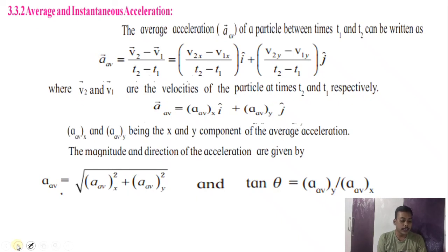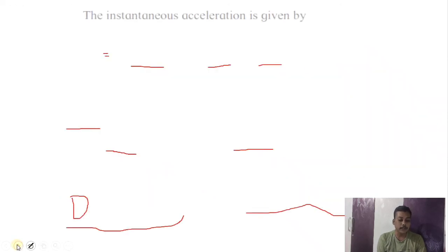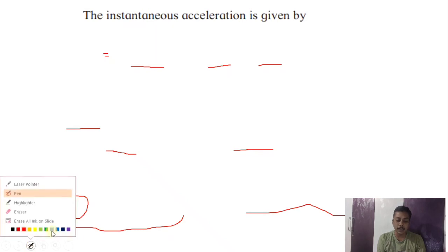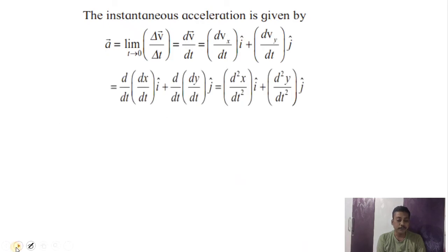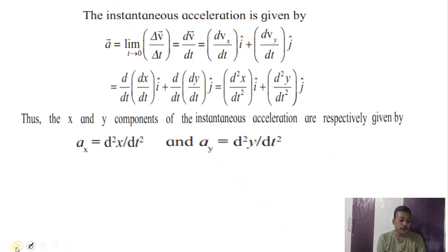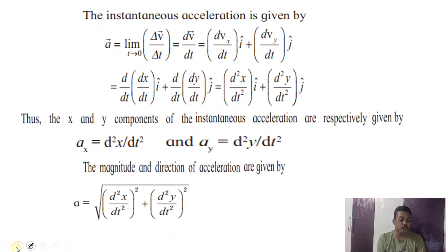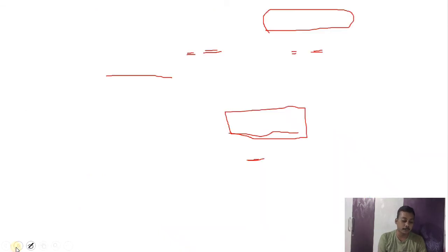Then instantaneous acceleration, and its magnitude and direction, we derive in this section today. After that, the final point is the equations of motion in two-dimensional motion, when an object is traveling in a plane.